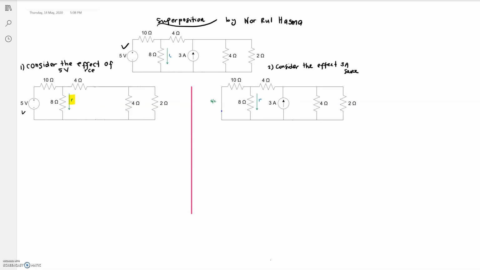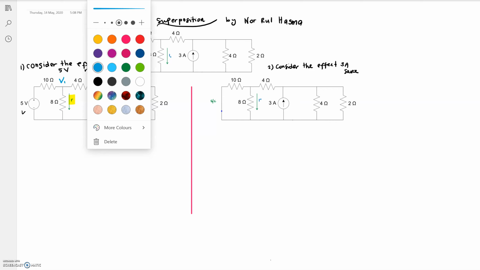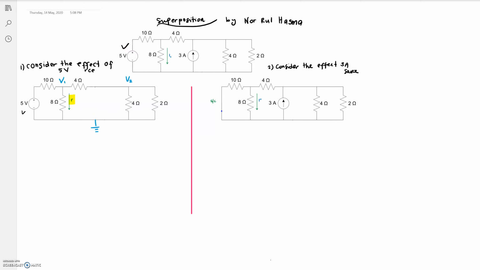To solve this circuit using nodal, this is V1, this is V2, and I select this essential node as the ground. Then find the KCL equation for each of the nodes.